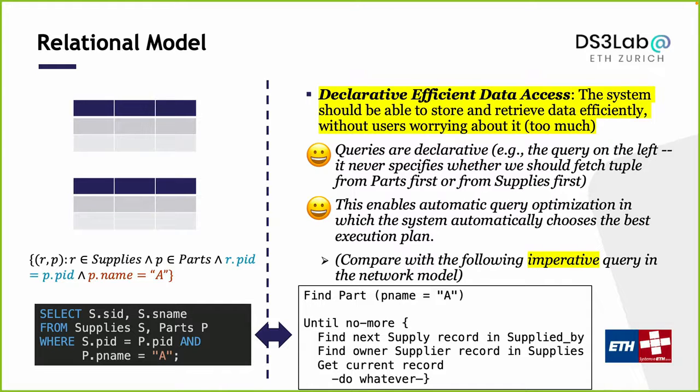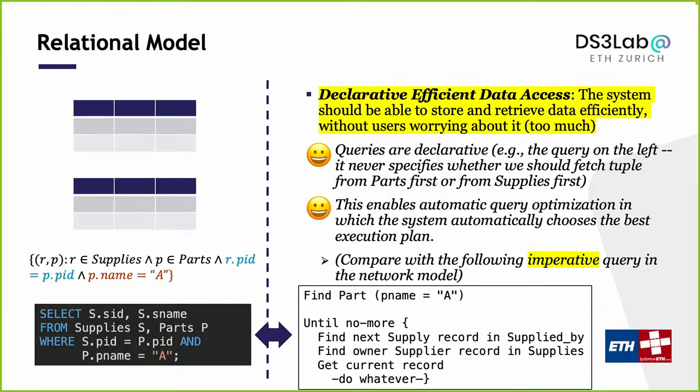I just say my result is a pair of two tuples that satisfy this condition. I don't tell you to go find a part, or to find a supplier, do this, do that. I tell you what I want, and the database is going to figure out how to get there. So that gives you this declarative performance optimization.